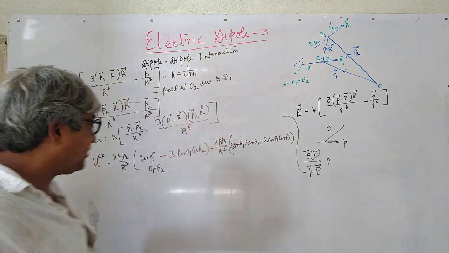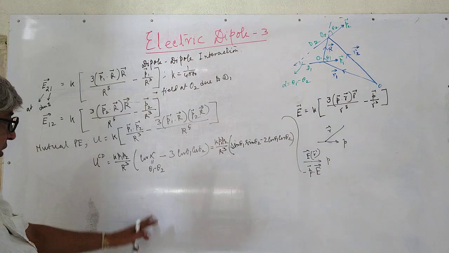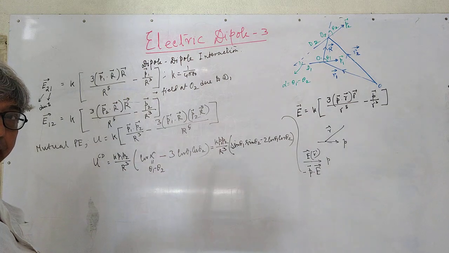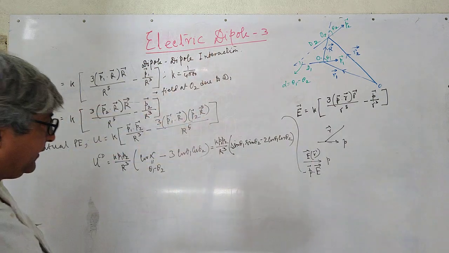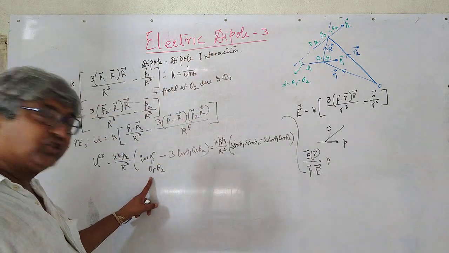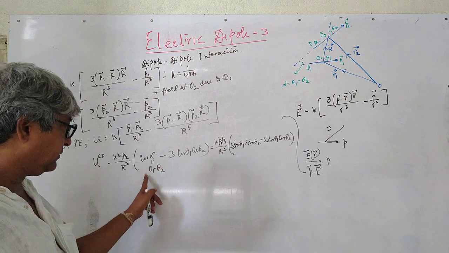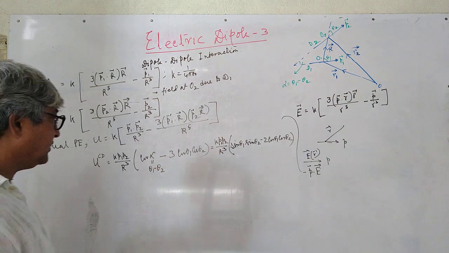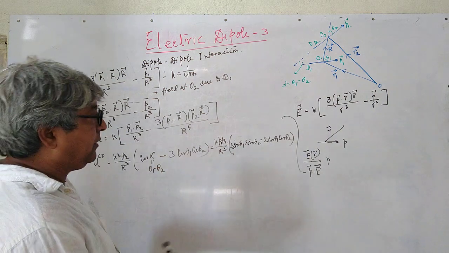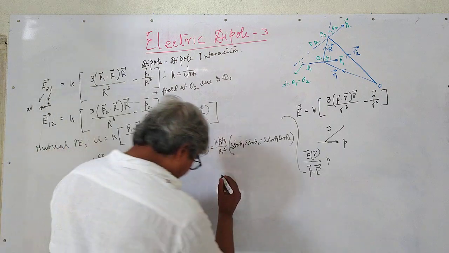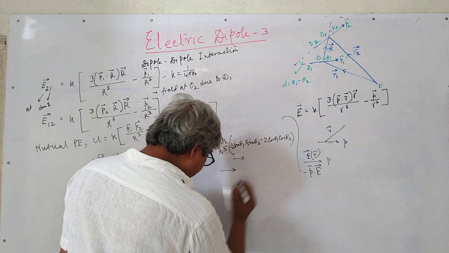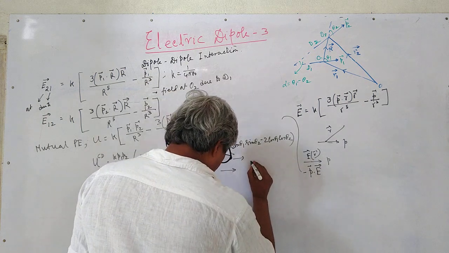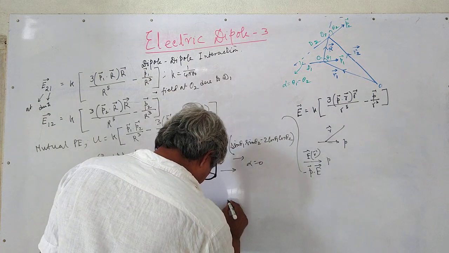Special cases may be obtained when the dipoles are parallel. When the two dipole moments are parallel, alpha is 0, and we can relate theta 1 and theta 2 by this relation. Parallel means the dipoles are like this, alpha is equal to 0.